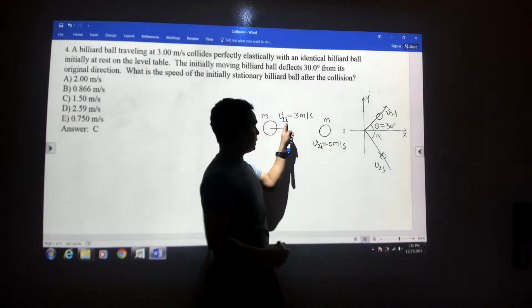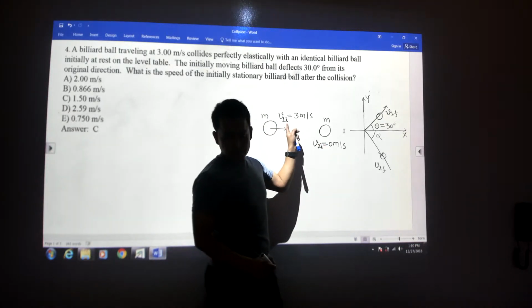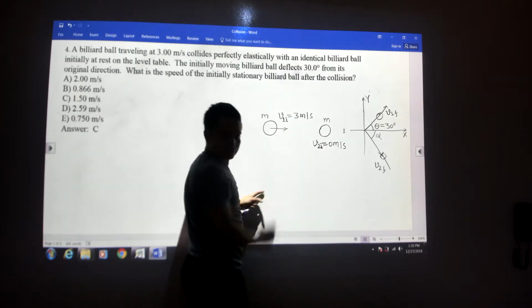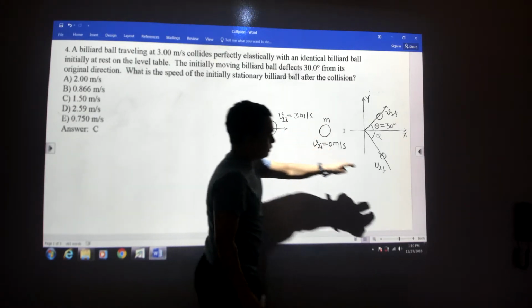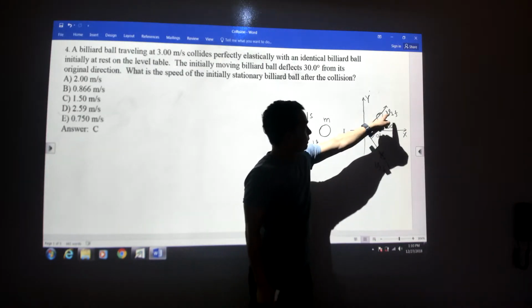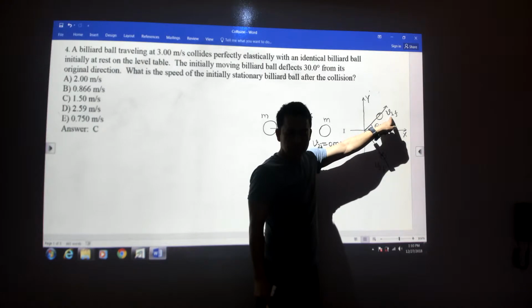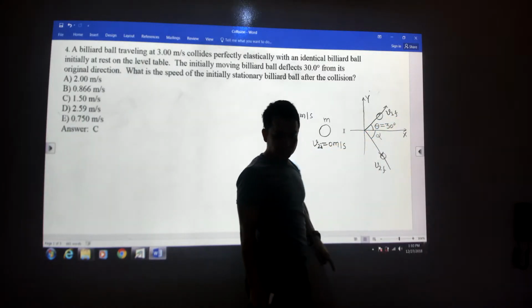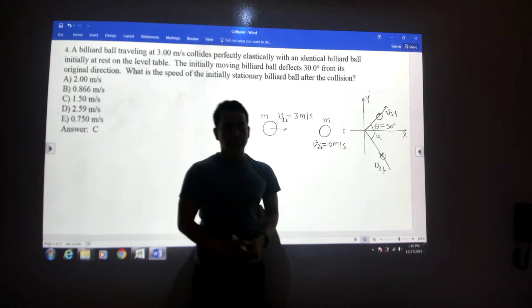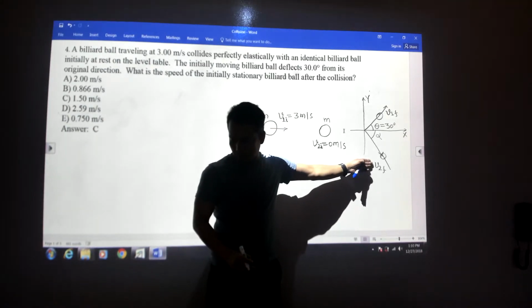I stands for initial and F stands for final. V1F means the first ball's final velocity. Now you need to find V2F.